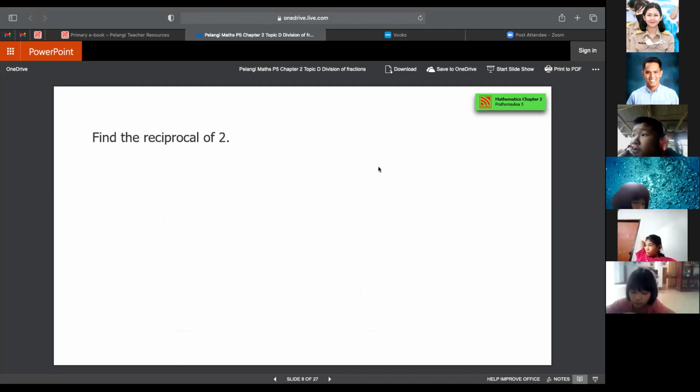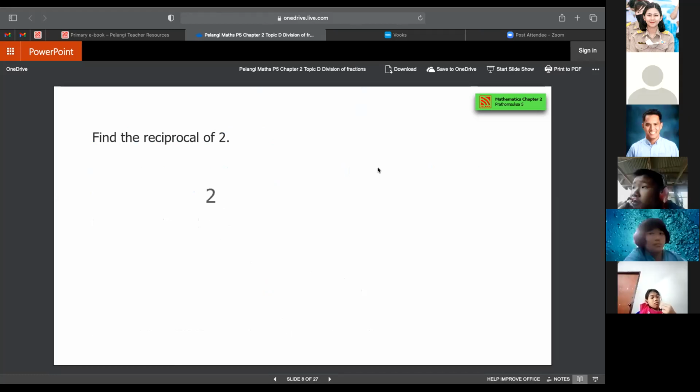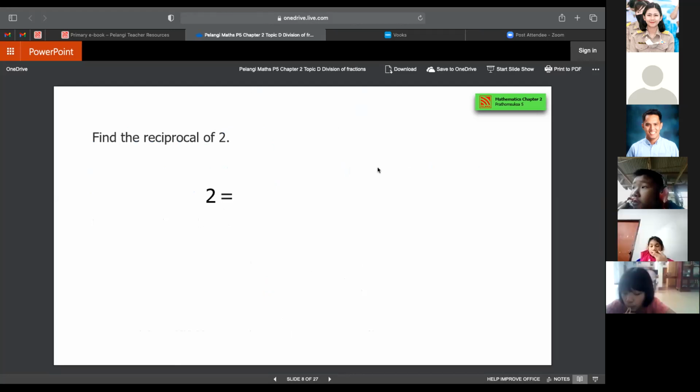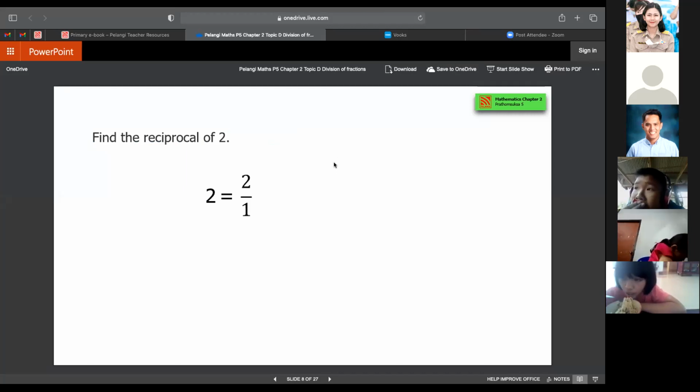Find the reciprocal of 2. 2 is a whole number. You would see that it doesn't have a denominator, but a whole number actually has 1 as the denominator. 2 is equal to 2 over 1.